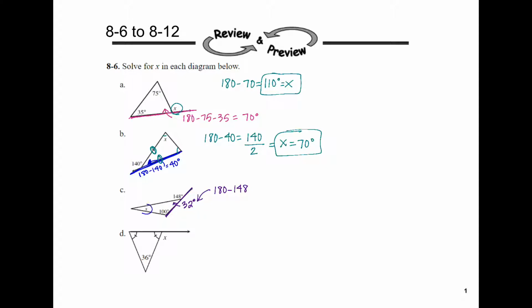We then can find our x value because all of the triangles add up to 180. If we subtract 100 degrees and subtract 32 degrees, that will give us our angle measure, which would be 48 degrees.